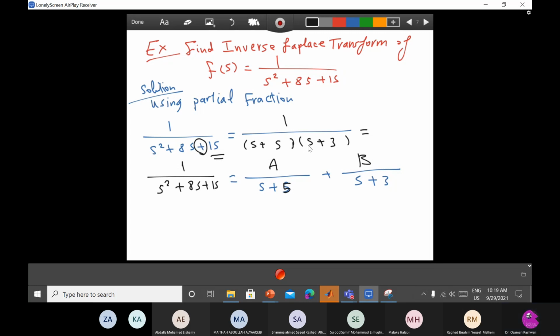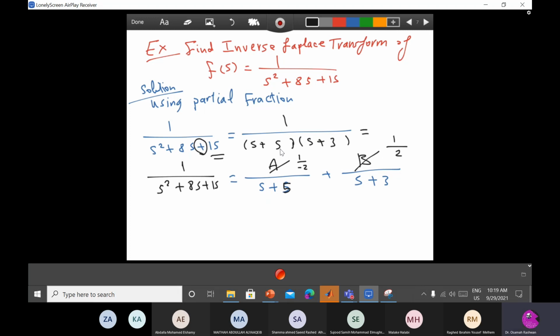So a will be 1 over minus 2. If you would like to have b, you hide s plus 3 and substitute s equal to minus 3, which makes this one 0. So you have 1 over minus 3 plus 5, which is 1 over 2. So you find a and b in this easy way.